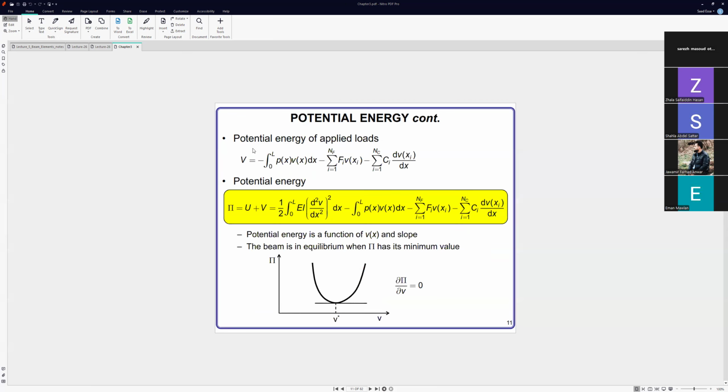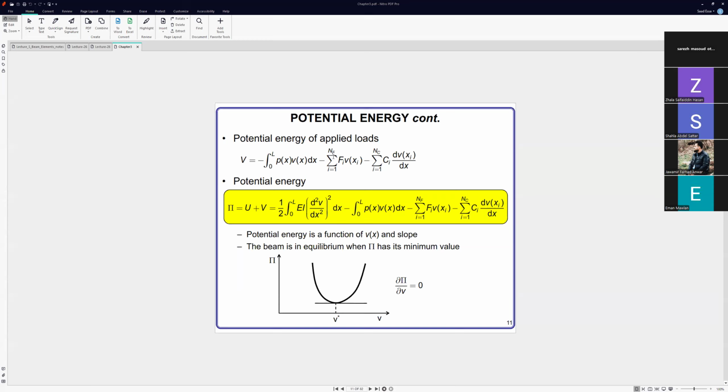So, potential energy of applied load. Now V, this is the potential energy, minus the integration between 0 to L of P of x load times v of x, this is the displacement, times dx, minus, if we have this is the distributed load, this is the concentrated force, and this one is the moment.